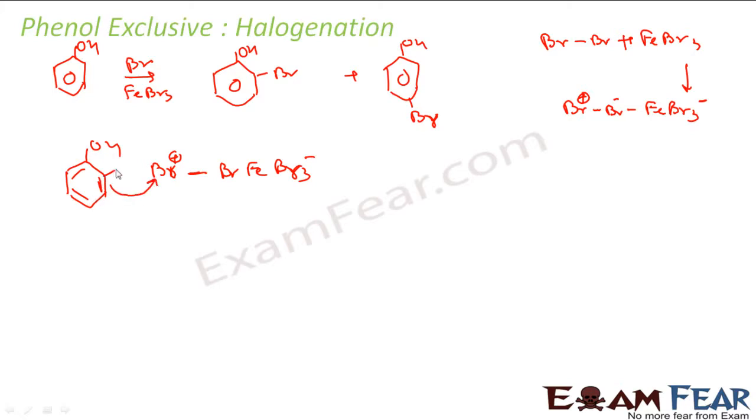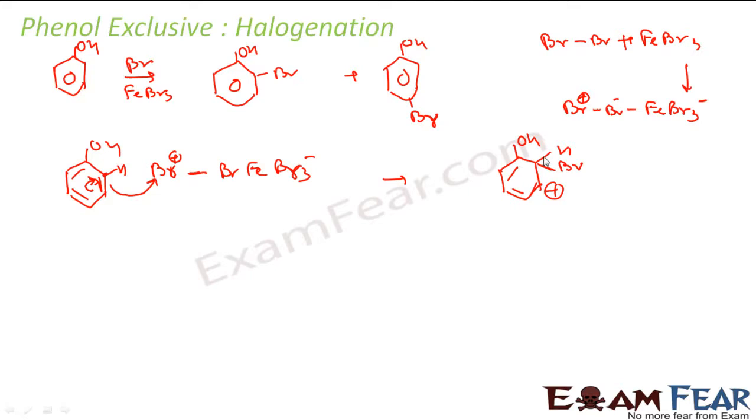So what will happen is, here this is H already, so this will break in this format, because we saw in the resonance structure that it has a negative charge here, right? So with this, what we'll get here is OH, this bond will break, you'll get a positive charge here, and H here, and Br here. Correct?